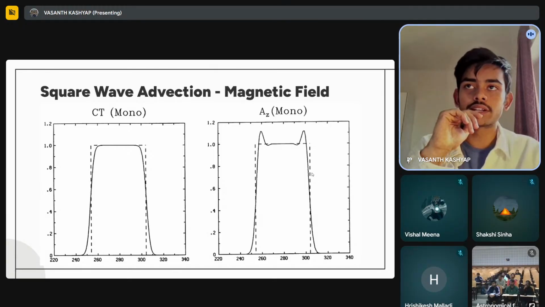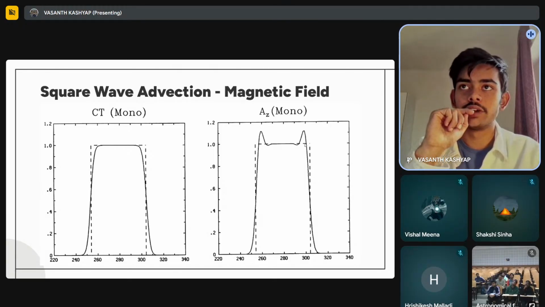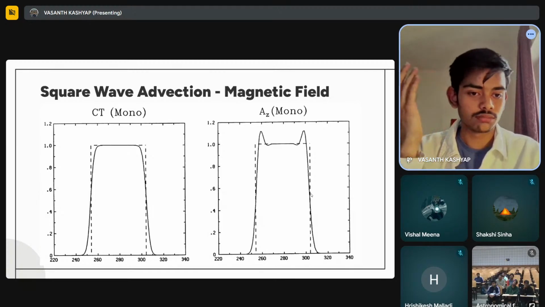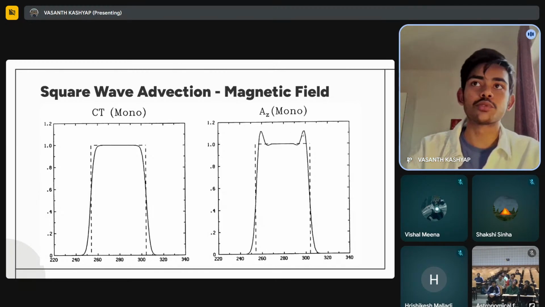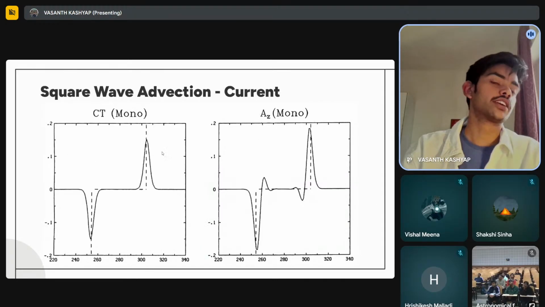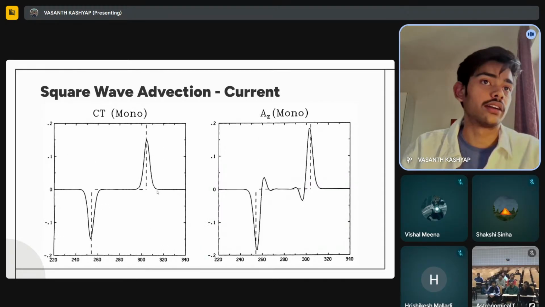But if you look at the vector potential, like I mentioned, whenever there is a sharp change in quantities, it goes crazy and it starts producing these extra spikes. These are not physical, they don't exist in our analytical solution, so these are problematic. This is the magnetic field. We can also look at the electric field or electric current.